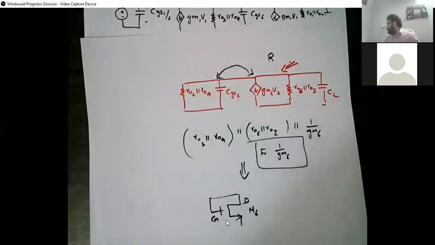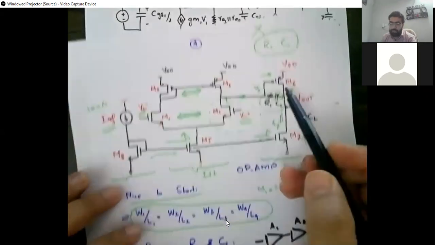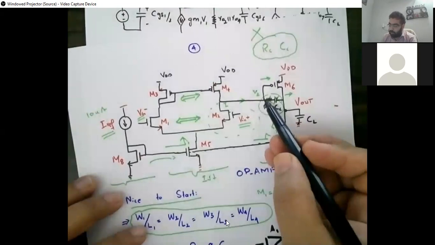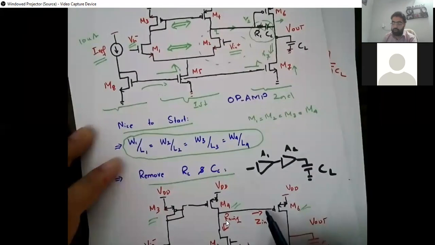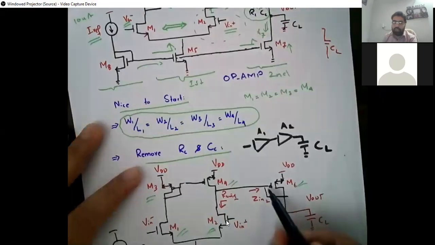Let me also bring up the circuit so that you can easily observe from that point. This was M6 for us, and we are shorting these 2 nodes. Source is connected with drain.